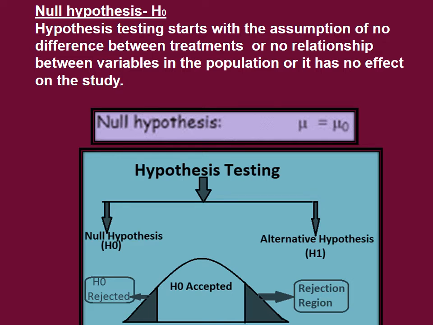Therefore, there is no relationship between variables in the population. If we are checking the variables, we can't get differences of variables in the population. There is no treatment effect. There are no differences of the treatment means, or it has no effect on the study.